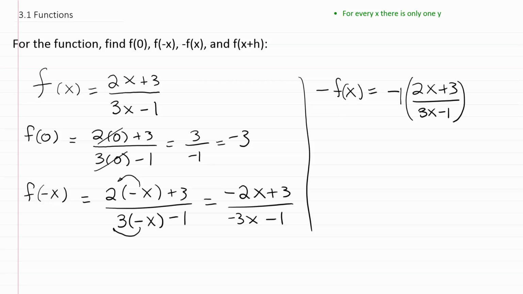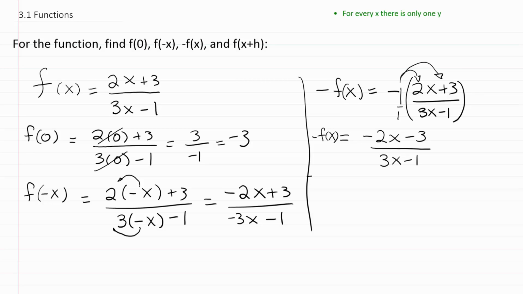And that means it'll be negative 2x minus 3, because it distributes, right? Negative 1 times 2 gives you negative 2x, and negative 1 times a positive 3 gives you negative 3. And on the bottom, remember this is like negative 1 over 1, so the bottom doesn't change, it just stays 3x minus 1. And so that's the same as negative f of x.